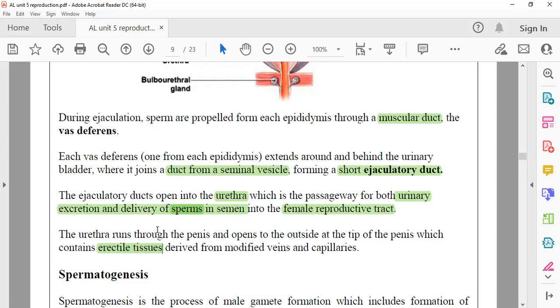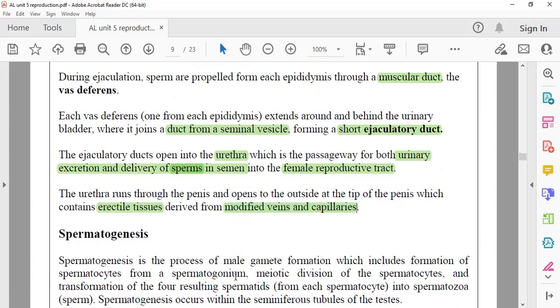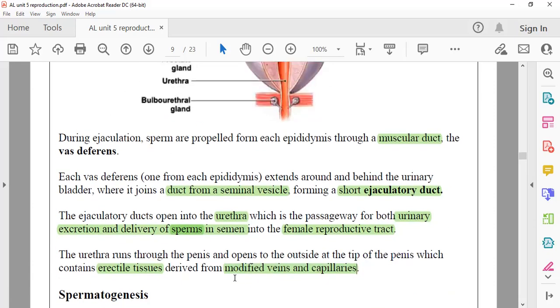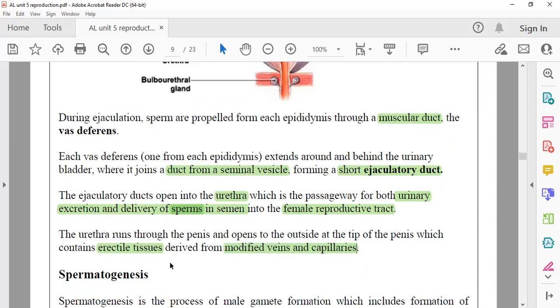Erectile tissues. Erectile tissue contains modified veins and what else? Capillaries. Okay, no need to go for lots of explanation on that part.